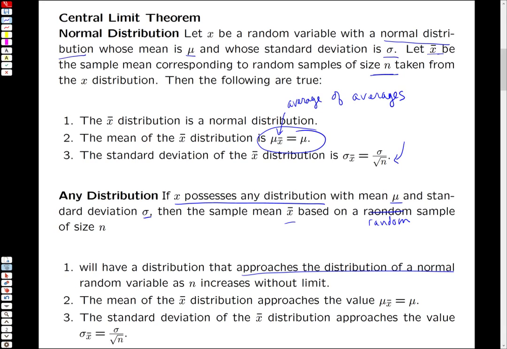So it begins to look like a normal distribution as n increases without limits. So as n gets bigger and bigger, you get a normal distribution. The mean is still the same, and the standard deviation is still the same. But for this distribution, we have to have n large.